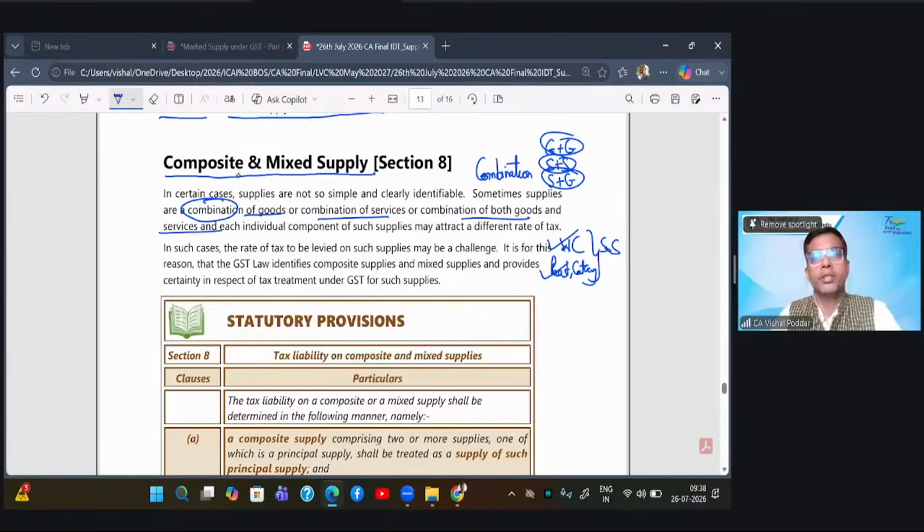But other than these two specific items, for all other supplies, wherever there is a combination of goods plus goods, service plus service, or goods plus service, how is it to be taxed?